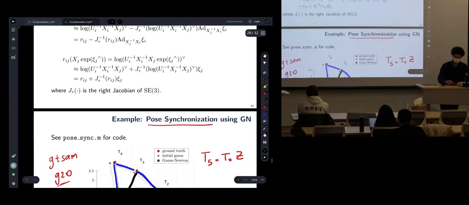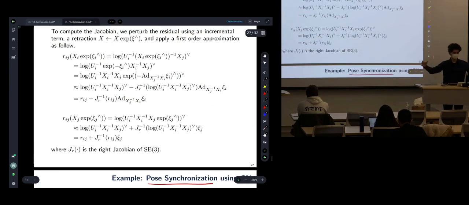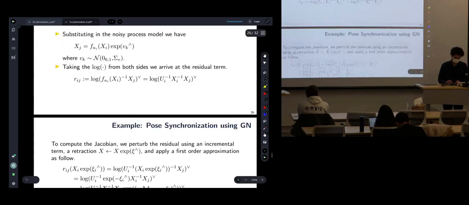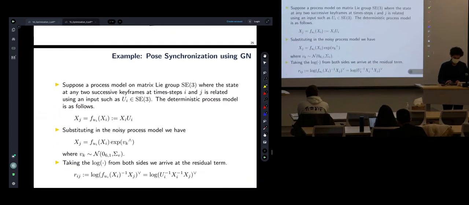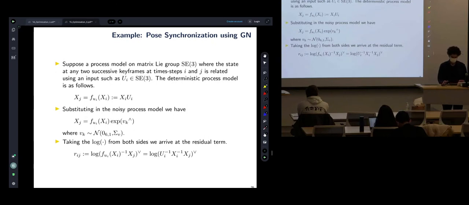So this should draw a map: we're talking about the back end, and a particular type of back end where the graph is a pose graph. So how do we solve this problem? Now you do not need to solve this by hand, because you can use the GTSAM API or G2O API to implement this, and it will solve it for you.